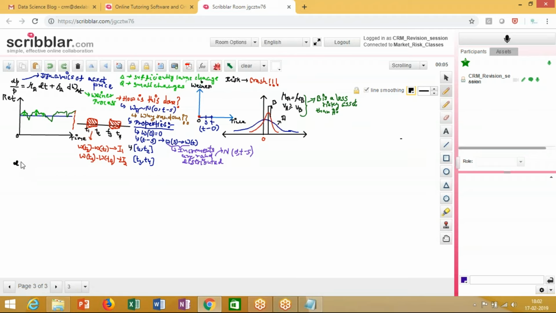this is something like dP by P is equal to mu_A dt plus sigma_A dW_t, right?